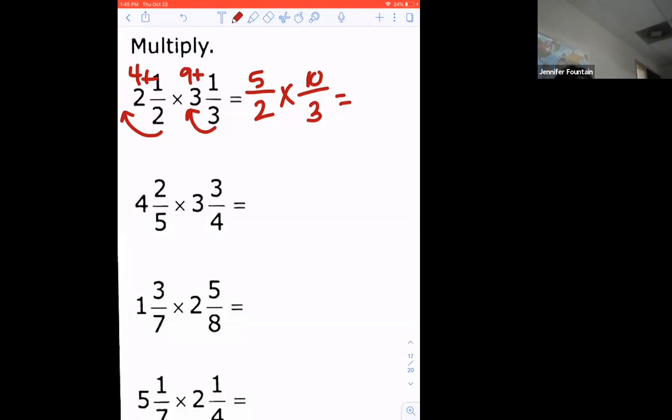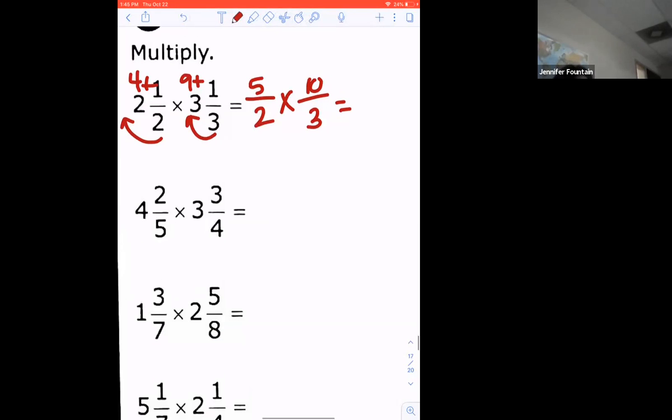There we go. Okay, so 2.5 became 5 over 2. 3 1/3 became 10 over 3. So again, I look to see what can I simplify here before I multiply. What numbers can be reduced? 2 and 10. Okay, both divisible by 2. 10 divided by 2 is 5. 2 divided by 2 is 1.